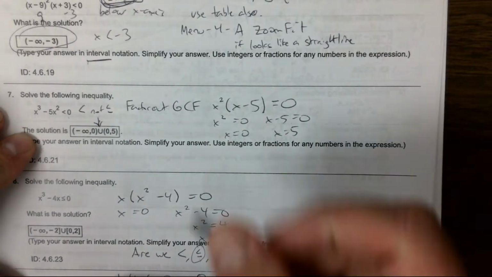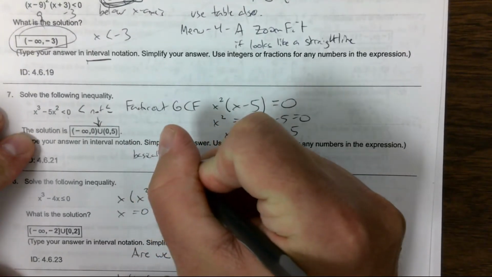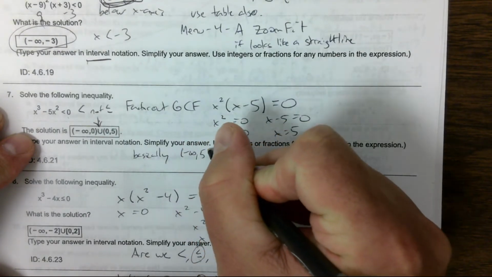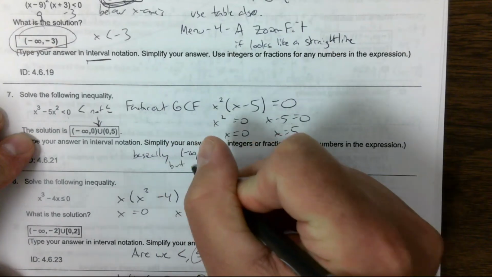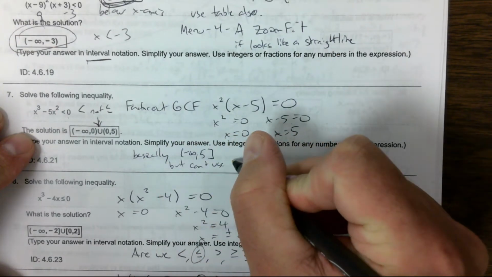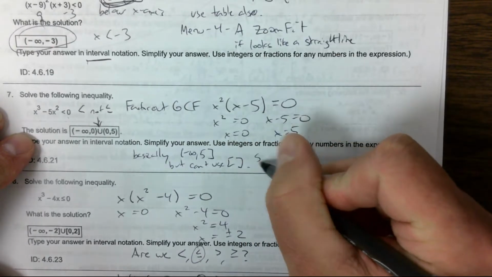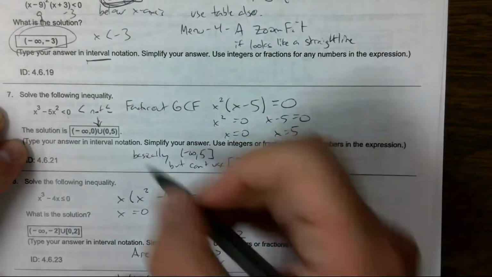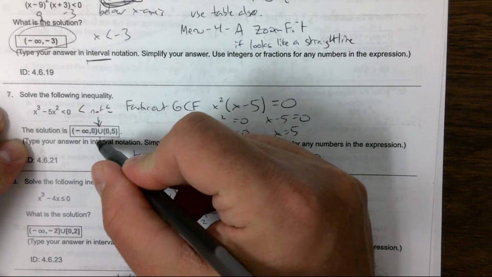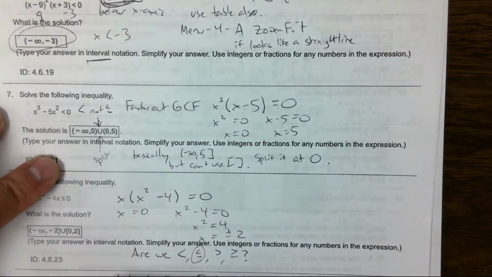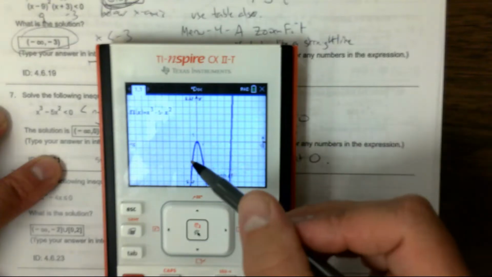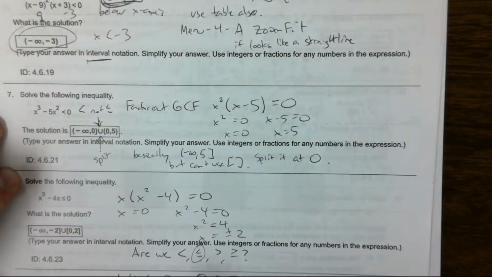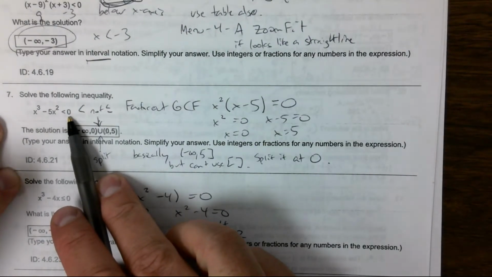So it's basically negative infinity to 5, but you can't use brackets, so you have to split it at 0. That's this right there. That's what I call a split, because even though it looks like it's below, in the table it's actually 0, 0, and our inequality says less than, not less than or equal to.